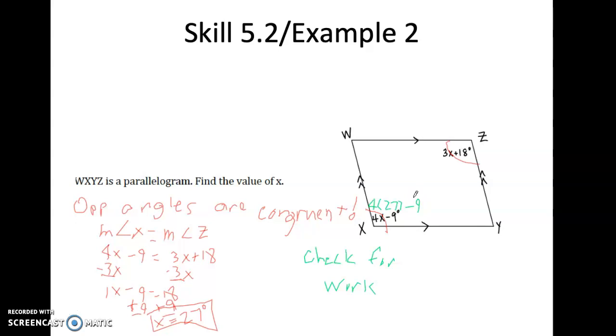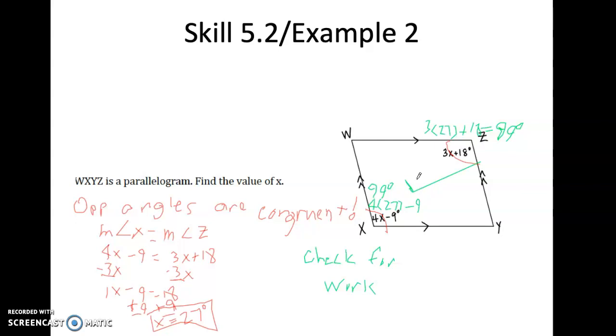That's going to be 108 minus 9. You can just go to your calculator and figure out what that angle is. It should be 99 degrees. And then I could do 3 times 27 plus 18 for another total of 99 degrees. And things are checking out well. So we should be seeing that those opposite angles are congruent to each other.